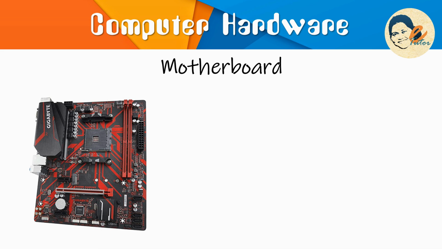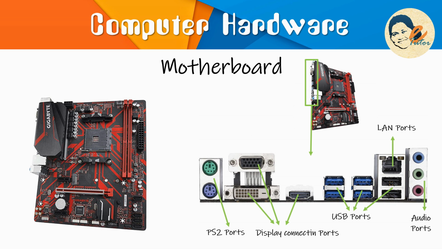Also, motherboards carry several ports to connect the monitor, printer, mouse, keyboard, speaker and network cables. Motherboards also provide USB ports, which allow compatible devices to be connected in a plug-in plug-out fashion. For example, pen drives, mobile phones, digital cameras, etc.